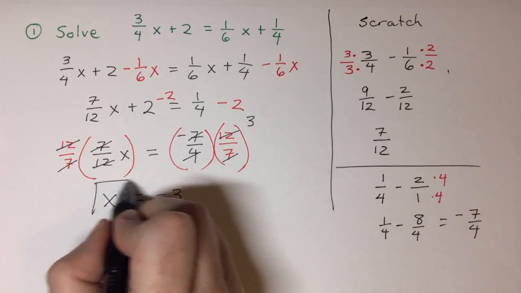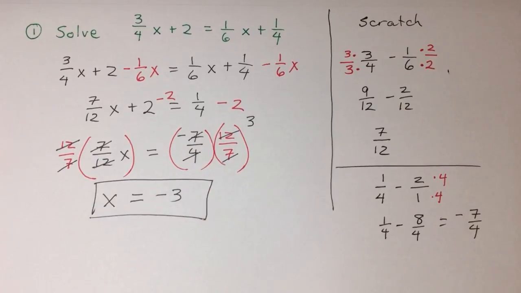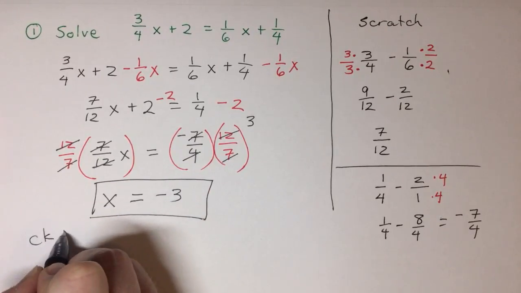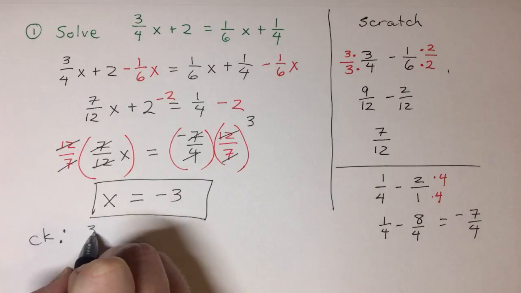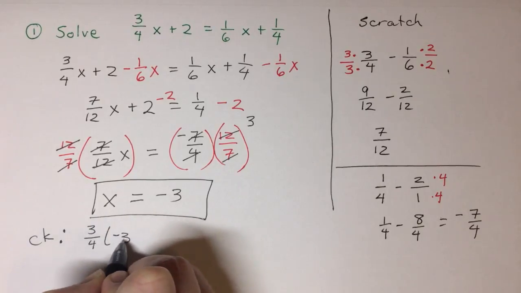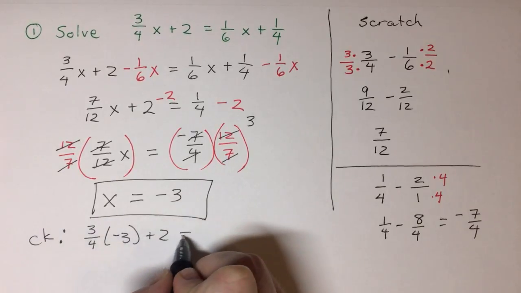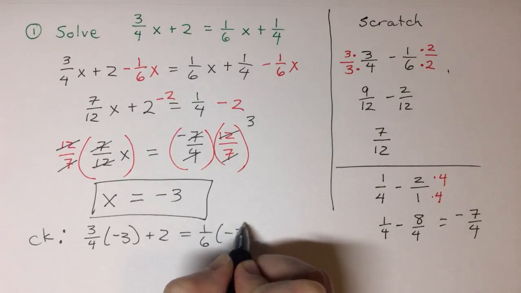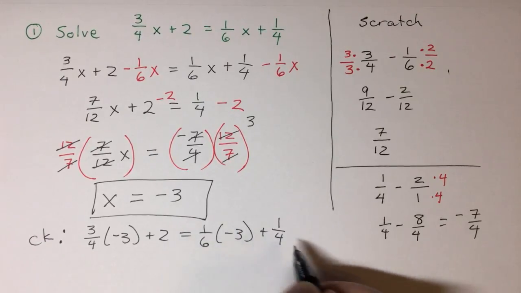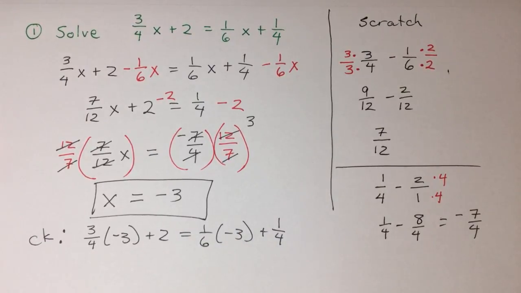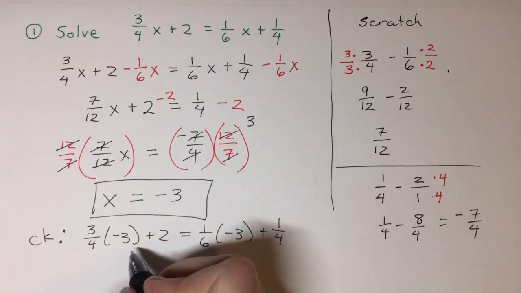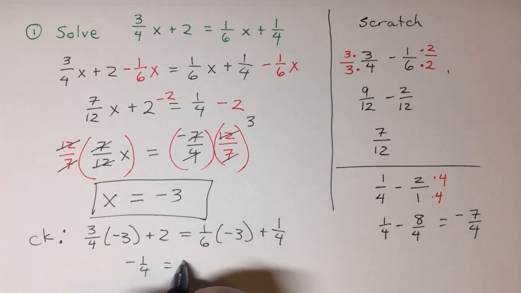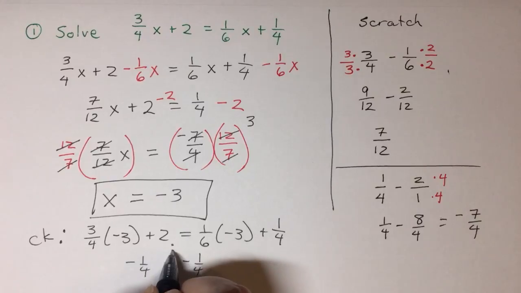X is negative 3. If I do a check of that, I'll be saying 3/4 times negative 3 plus 2 is 1/6 times negative 3 plus 1/4. If you actually work out this check, you're going to get negative 1/4 equals negative 1/4.